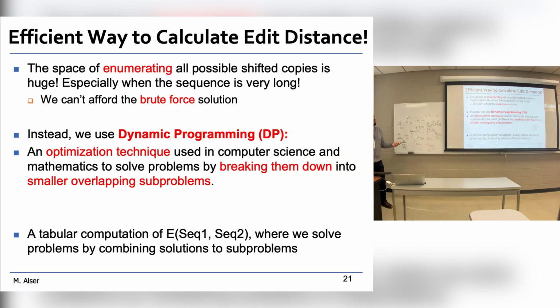Now, instead, we have to use dynamic programming. Dynamic programming is a very famous term in computer science. It's an optimization technique used in computer science and mathematics to solve problems by breaking them down into smaller, overlapping subproblems. Okay? Smaller, overlapping subproblems, right?